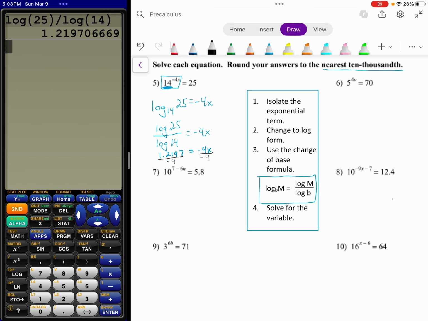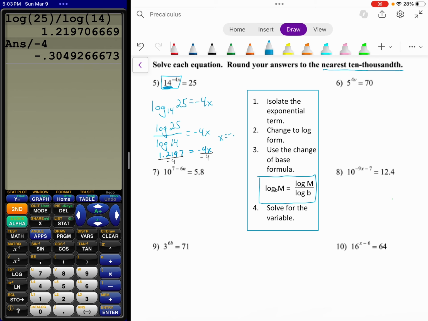Since that number's on my calculator already, I can just go ahead and hit divided by negative 4. And so we'll write our answer over to the side here. X equals negative, we're going to go to 4 decimal places, 0.3049. And that's our answer for the first one, number 5.